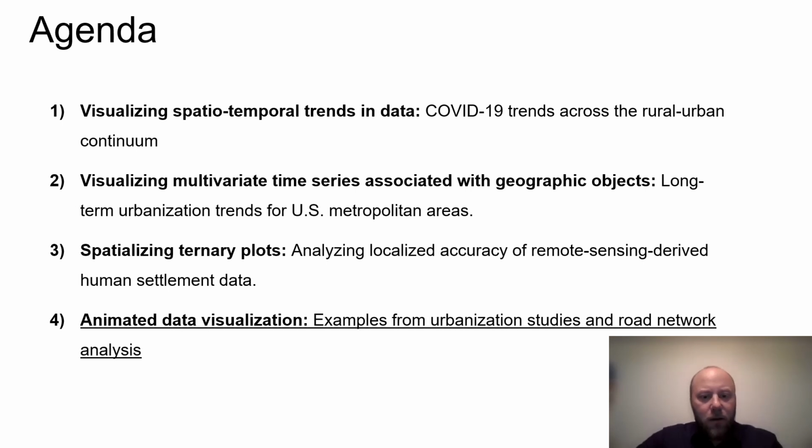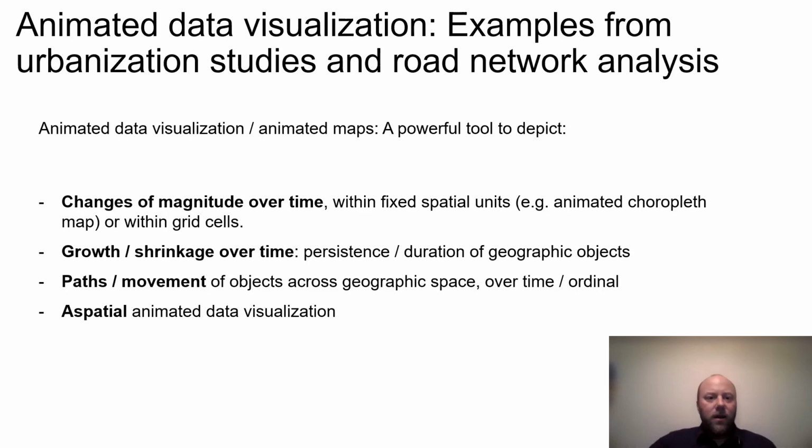I'll speak a little bit about data visualization from different research projects that I've been working on. So animated data visualization is definitely an effective way to visualize change, right?